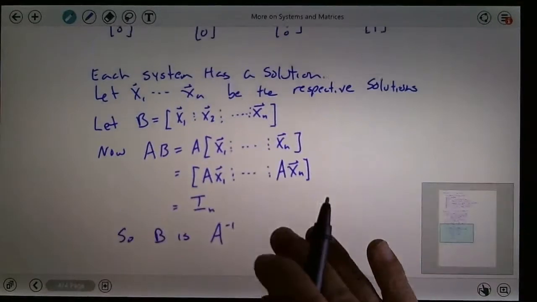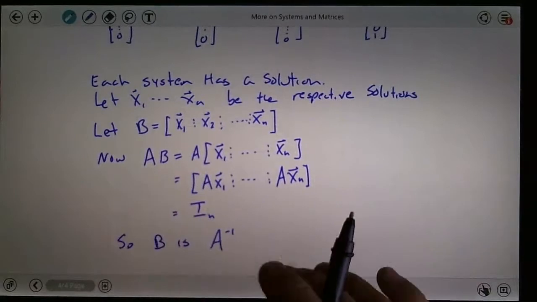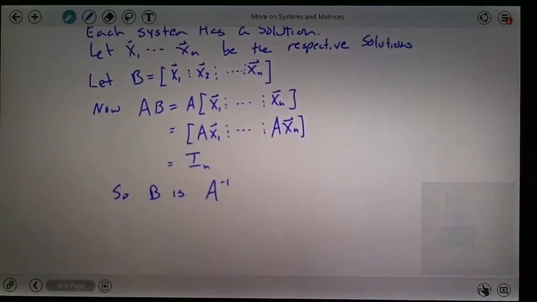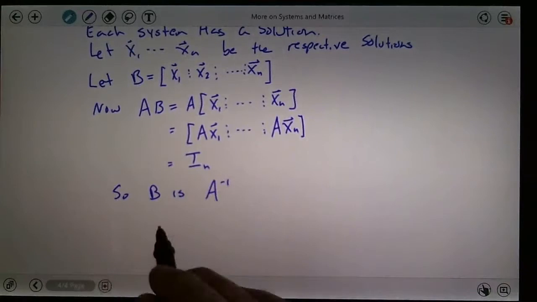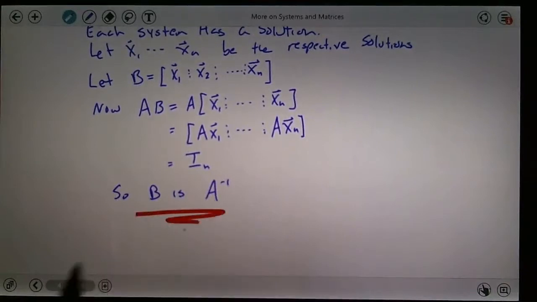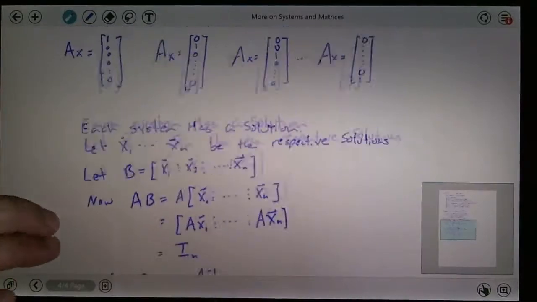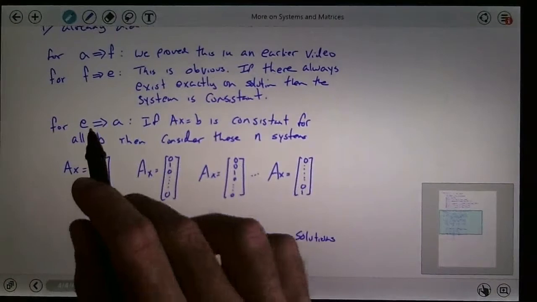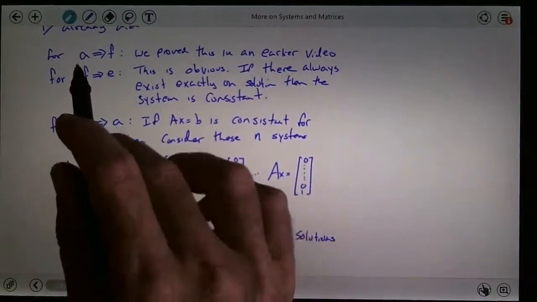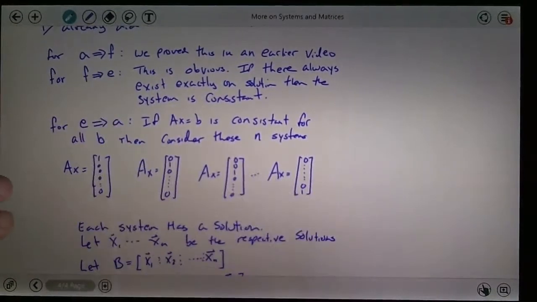So what happened? We just had A times B equals I, so B is A inverse. And we have that A is invertible because we just found the inverse. So E does imply A, and hence A, E, and F are all equivalent. Okay?